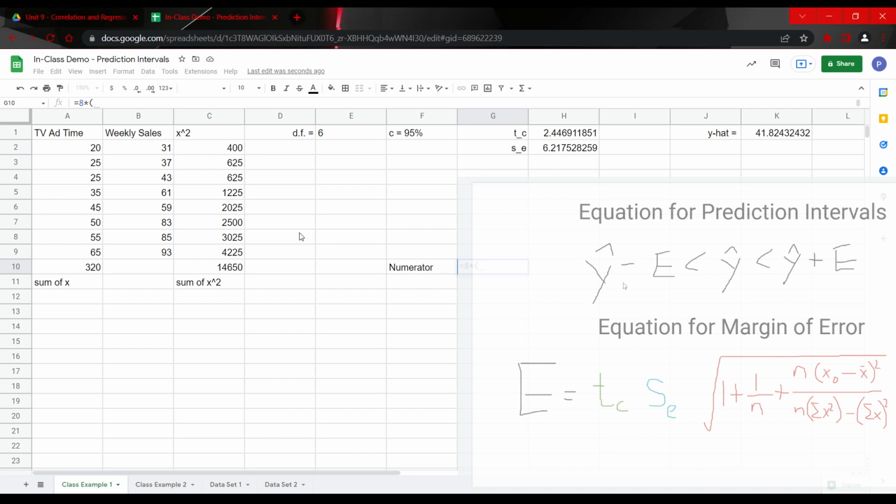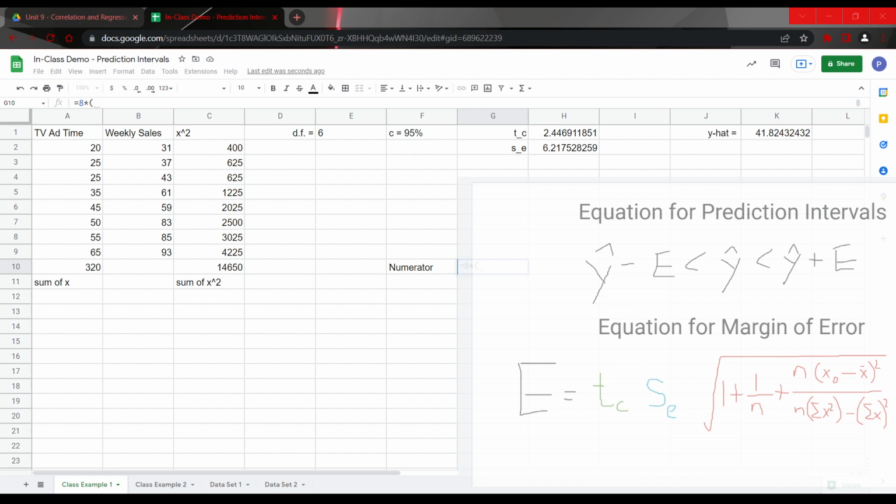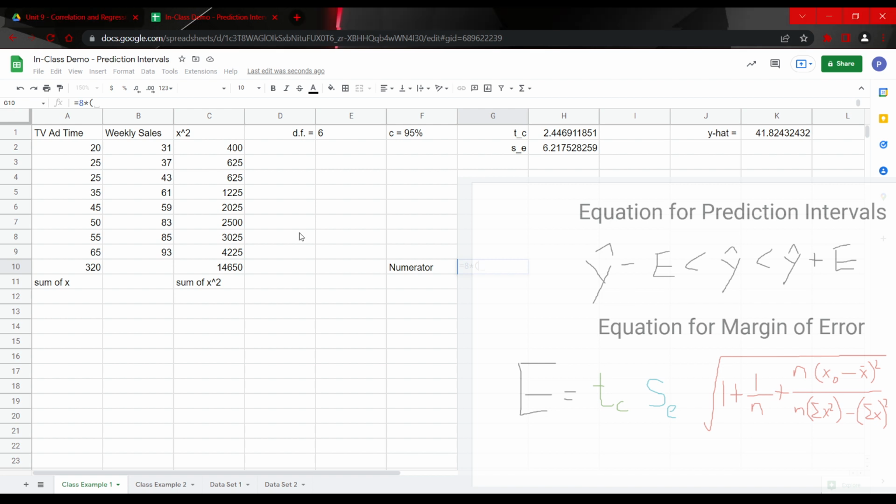So x0 is whatever I'm trying to predict, right? I'm trying to predict at 26 minutes, so x0 is 26 minus the mean of x, so the average of A2 to A9, and I want to square this whole thing.